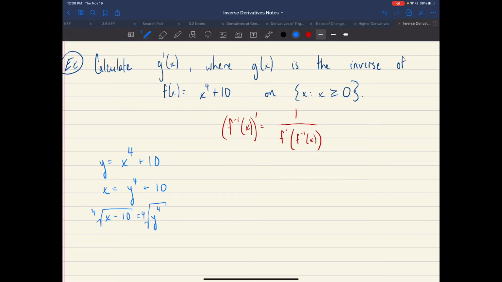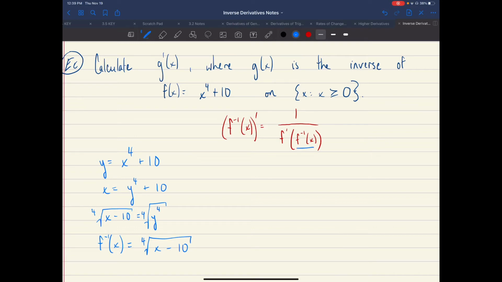So f inverse of x is going to be the 4th root of x minus 10. Now we have one part of our derivative of the inverse formula.